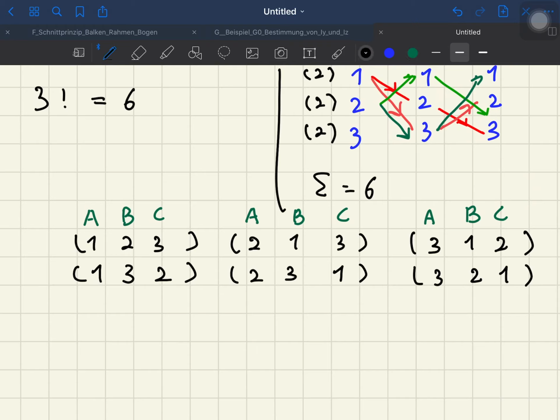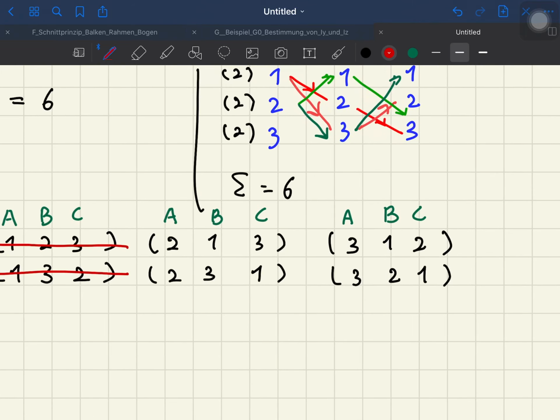We must ensure that person A must receive no letter from his own, which is the letter 1. So the number 1, this combination will be cancelled, and this combination will also be cancelled. And then we must ensure that person B must receive no letter 2, which is this one.